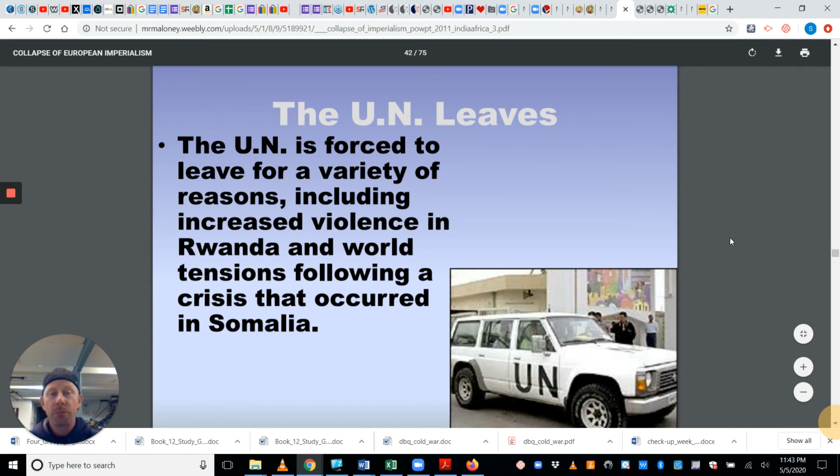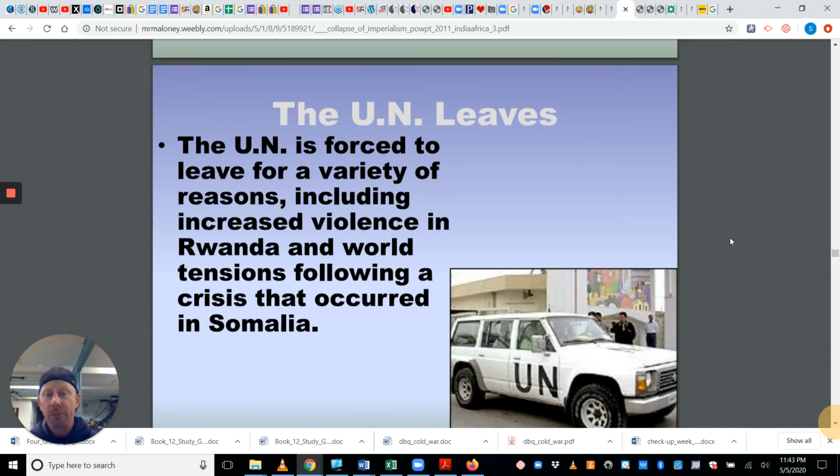So the UN is forced to leave. The UN is forced to leave for a variety of reasons, including increased violence in Rwanda and world tensions following a crisis that occurred in Somalia. And to make a long story short, the United States got involved in Somalia, and it was called Black Hawk Down.